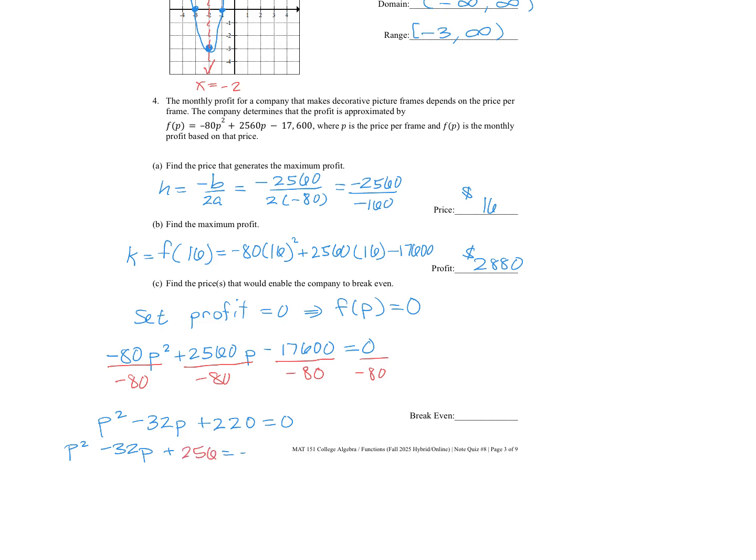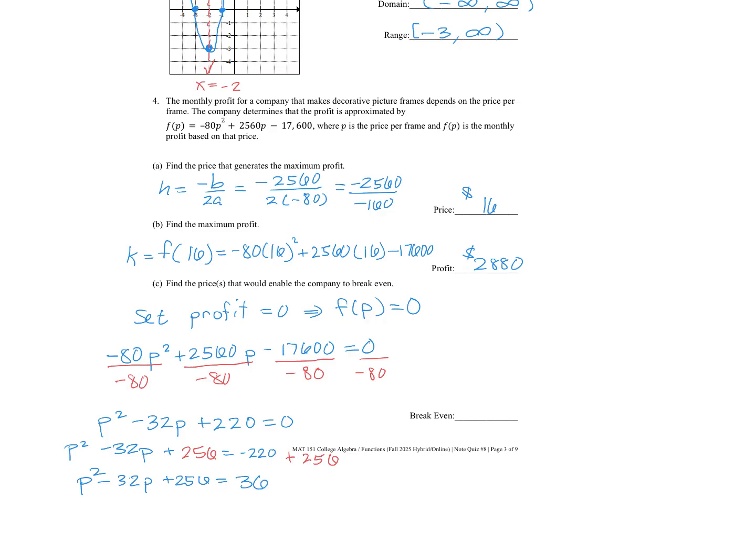And I did move that 220 over. I just forgot to write that. So again, we're adding the 256 onto both sides. That's P squared minus 32P plus 256 is equal to the number of 36.